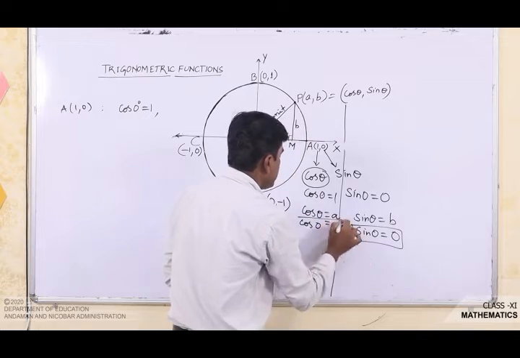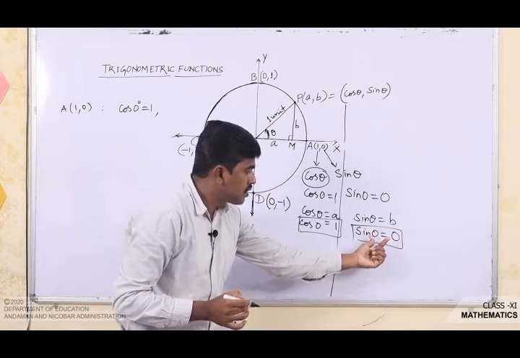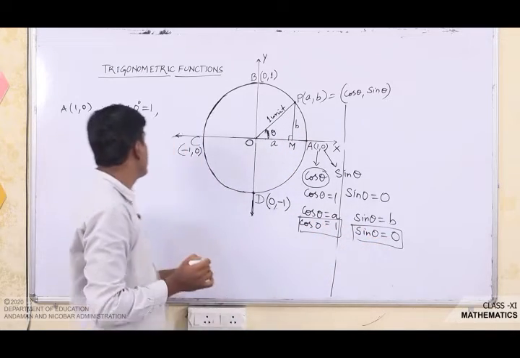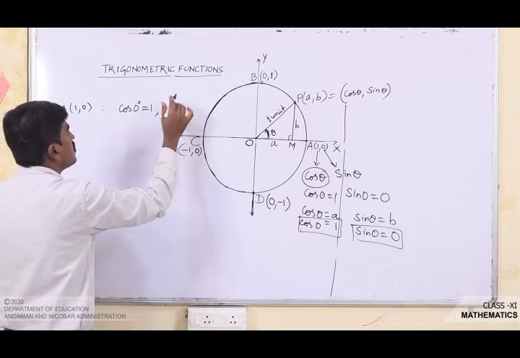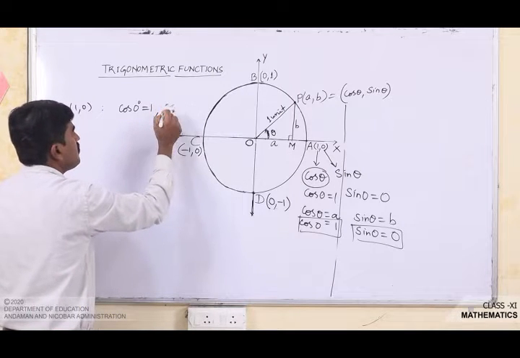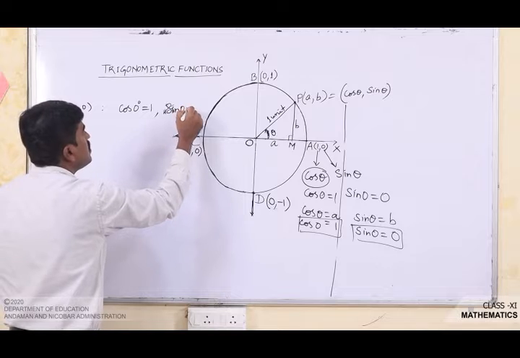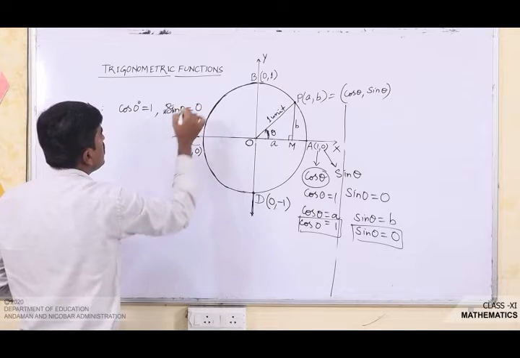So we got sin 0 is equal to 0 and cos 0 is equal to 1.